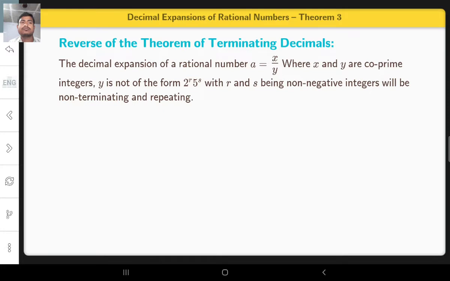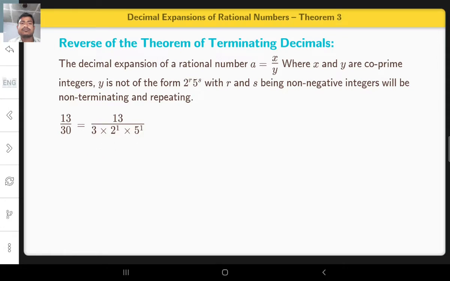Let's consider a rational number 13 divided by 30, which is in the form x by y, and 13 and 30 are co-primes. Here, the denominator can be written as the product of 3, 2 to the power 1 and 5 to the power 1, that is, not as the product of powers of 2 and 5 only.